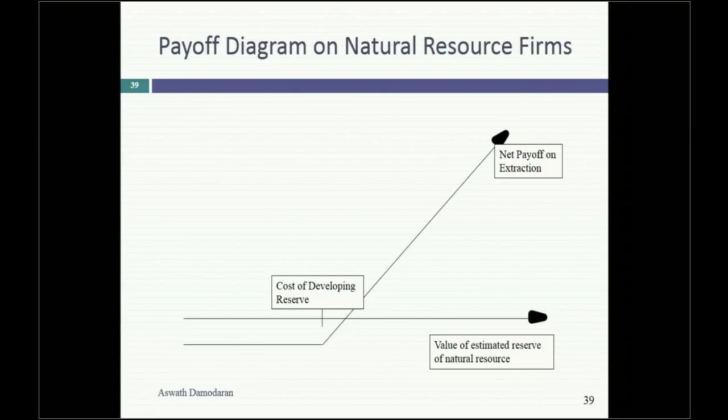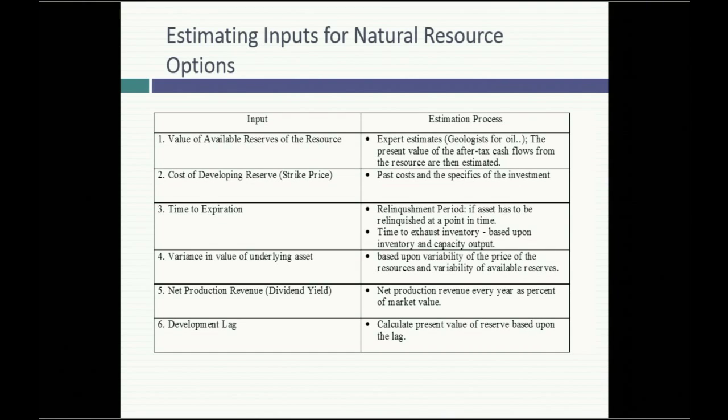In which case, what do you lose? How do you get those reserves? What are the two ways you can get reserves? One is you can buy them from somebody else, and therefore you lose what you paid. What's the other? What's the analogous variable to R&D for oil companies? Exploration costs basically become the price you pay. That becomes the price of the option. So it's a very simple option, but it's a very powerful one.